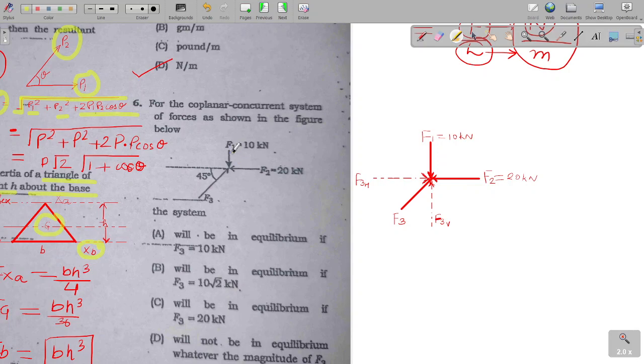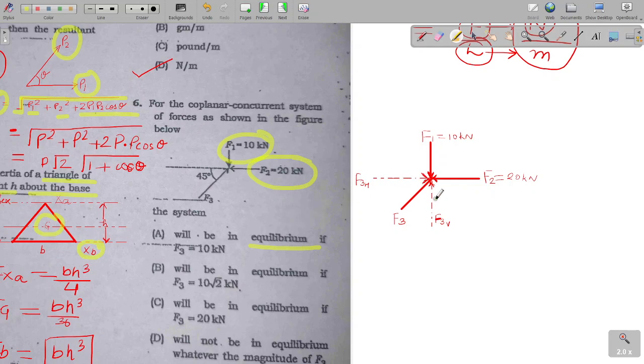In a system of forces, F1 is 10 kilonewton, F2 is 20 kilonewton, and we have to find the magnitude of F3 for establishing the equilibrium. So what is equilibrium? We have studied in school days as well. When the forces acting upon a body are balanced, that body is said to be in equilibrium.